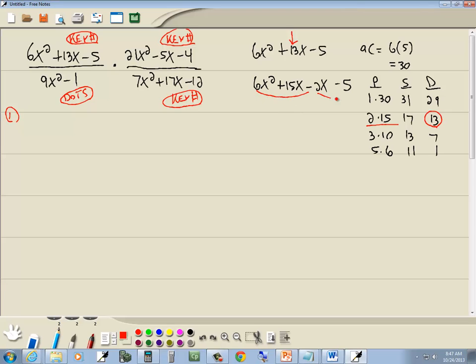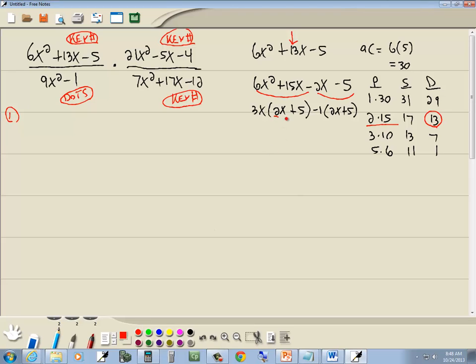Then we're going to factor by grouping. Group the first two together, group the last two together. The first two have a 3 and an x in common, and that gives us 2x plus 5. The last group, they have nothing in common, but my first term is negative, so I want to factor out negative 1. And that leaves us 2x plus 5.